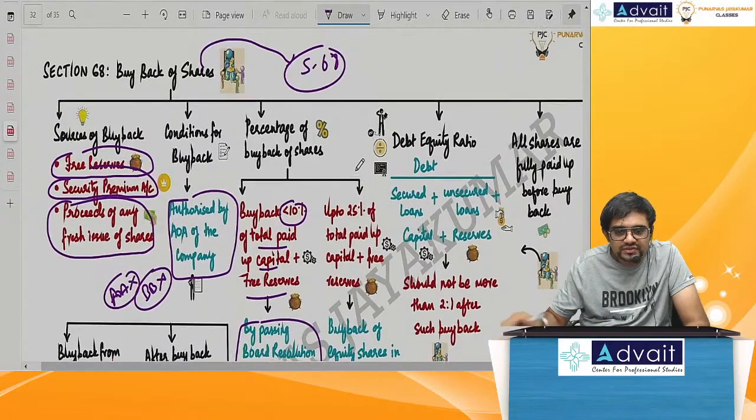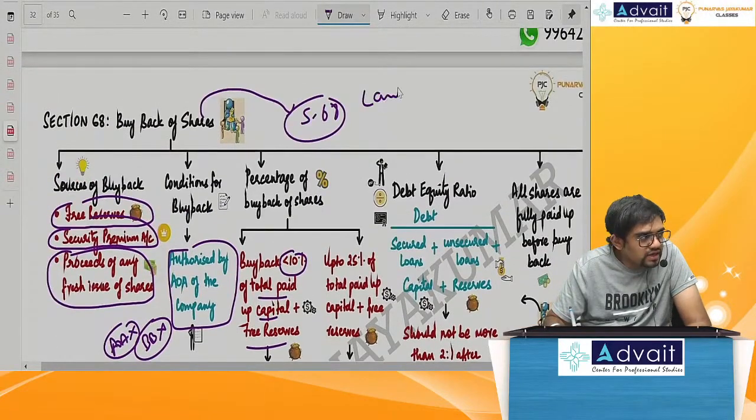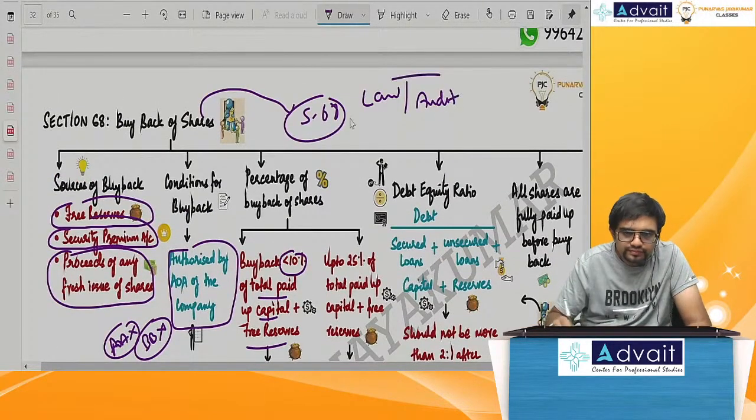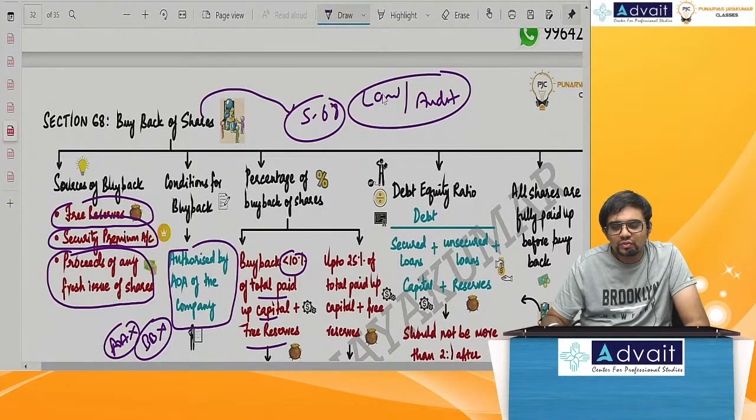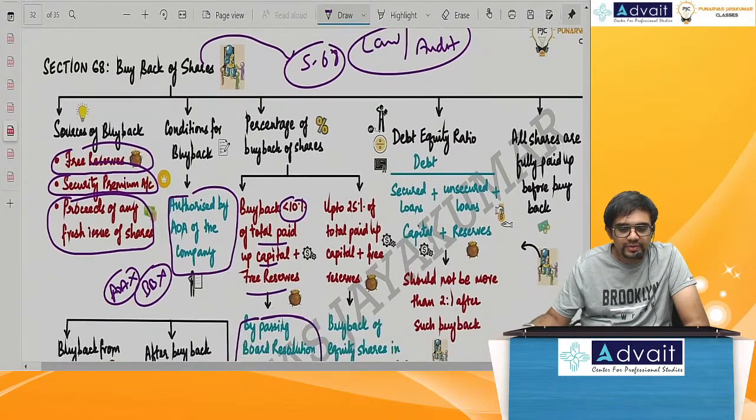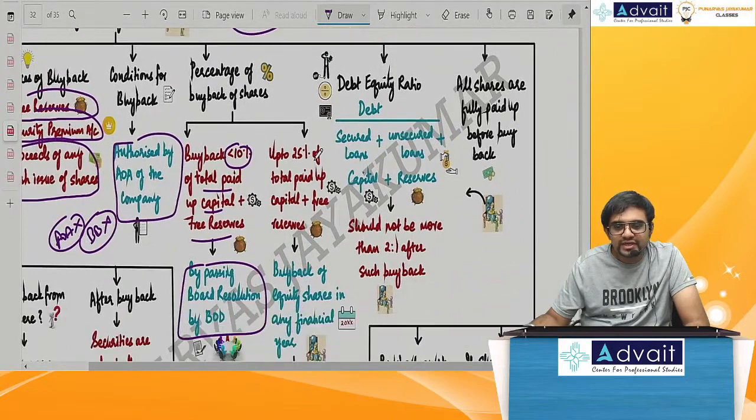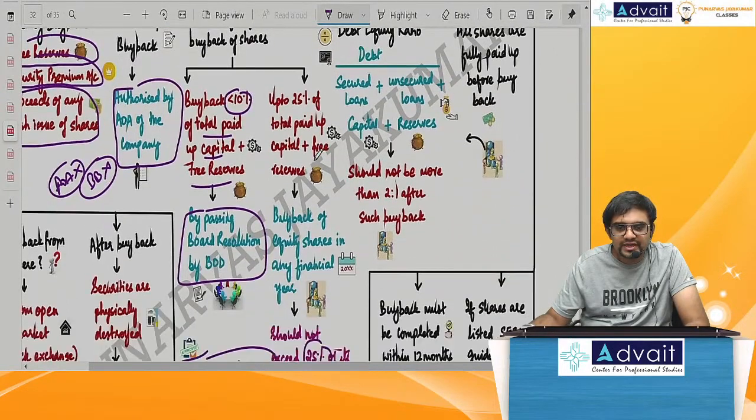Then the debt equity, this will come in law also, this will come in audit also. In law, they'll ask you what the company should check to understand whether buyback provisions are met or not. In audit, they will ask you what the auditor should do to ensure that buyback provisions are met or not met. So the debt equity ratio has to be maintained as well.